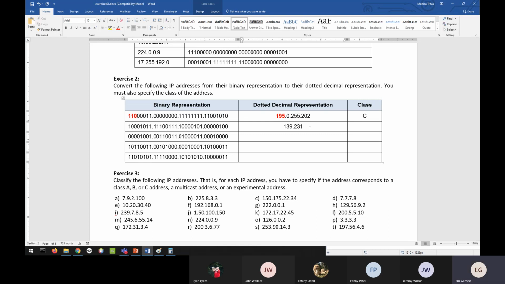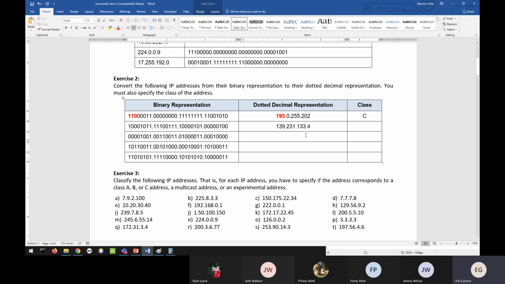So 231. What about this one? 128 plus 4, 132. And 132 plus 1, 133. So this will be 133. And the last one will just be 4.